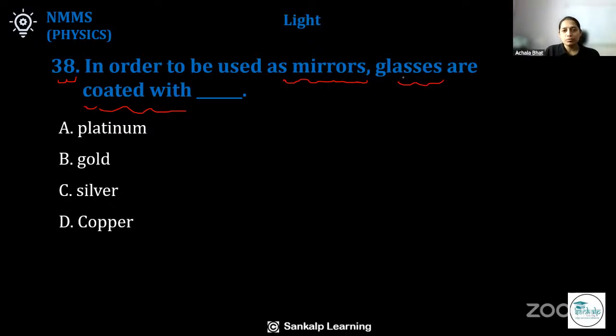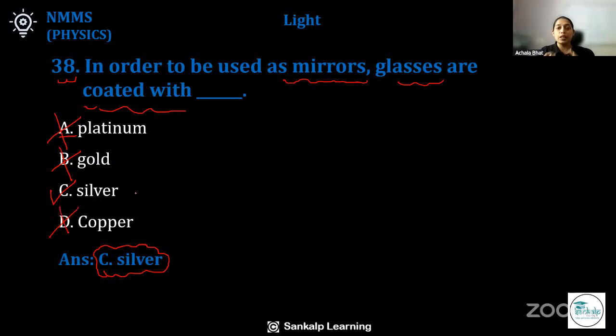Therefore, they are coated with option A, platinum, wrong. B, gold, wrong. C, silver, yes, correct. Why? Silver has the highest reflectivity. D, copper, wrong. Silver reflects 95% of light.